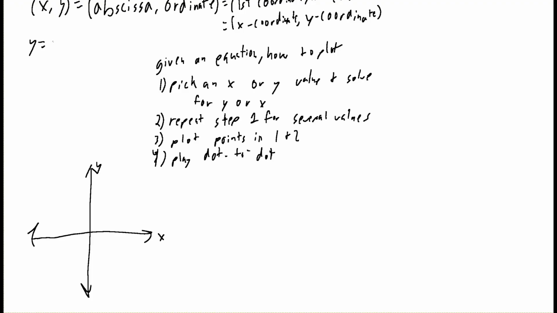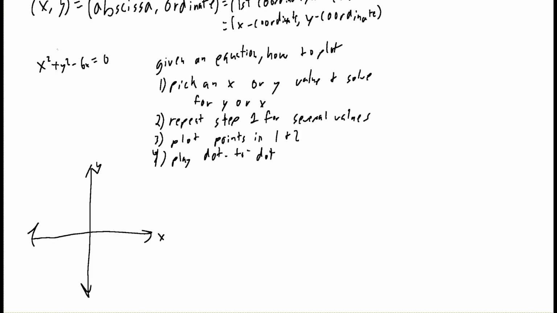Y is equal to x squared minus, nope, not that one. That's the parabola. Sorry. Next one is x squared plus y squared minus 6x is equal to 0.